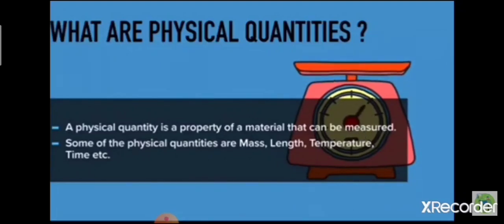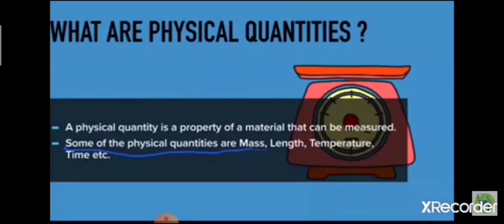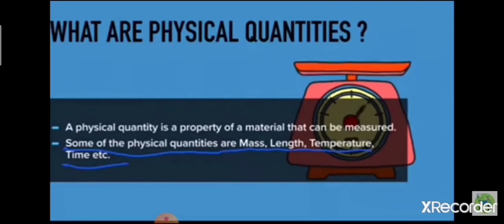Some of the physical quantities are mass, length, temperature, time, etc. In the previous example we came to know that some of the physical quantities of the ice cream are mass, length, temperature, etc. From this we can measure the property of any object.